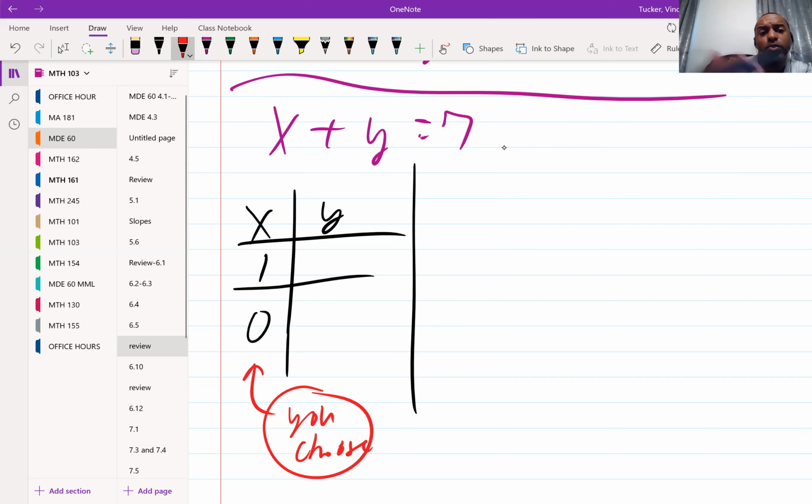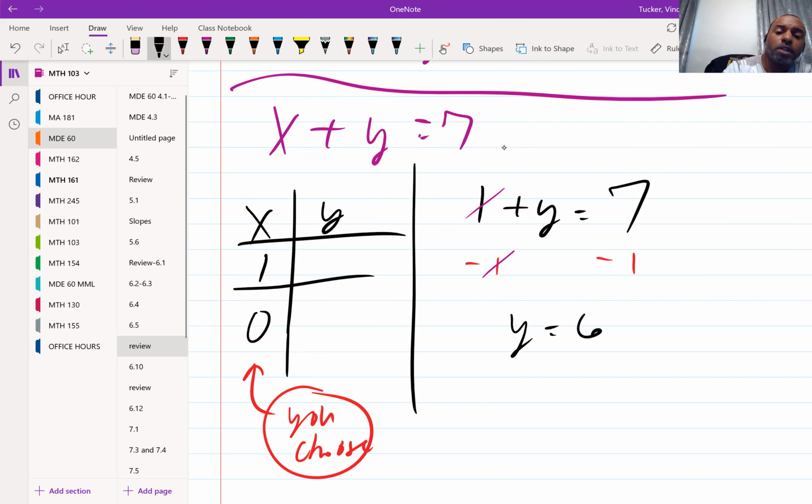Just remember, whatever you choose, you have to graph it. From there, you plug in the value for X and solve for Y. So 1 plus y equal to 7, minus 1 from both sides, y is equal to 6. So when X is 1, Y is 6.